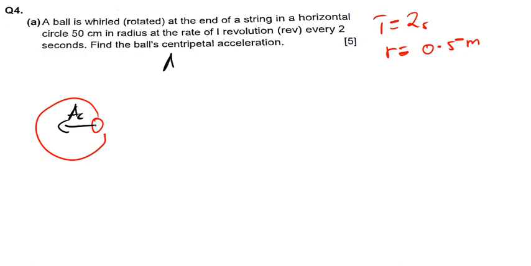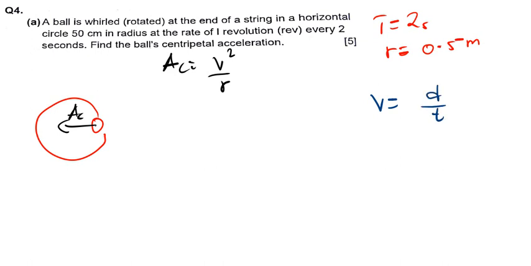Centripetal acceleration is given by v squared divided by r. I have my r, but how can I find the v? If something is rotating around the circle, then v is equal to distance divided by time.